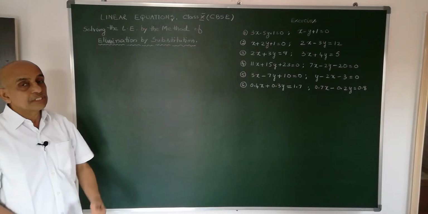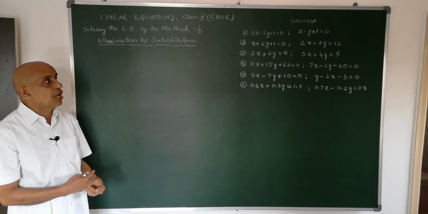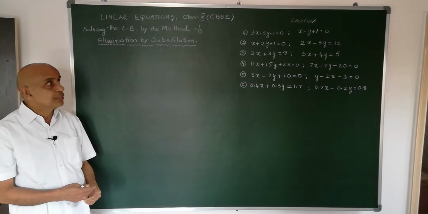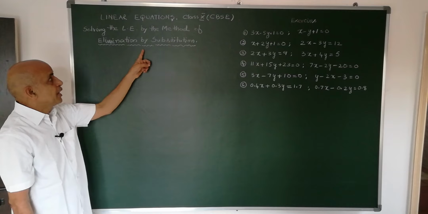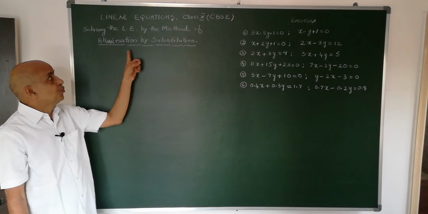Now various methods are there, technical methods, mechanical procedures to solve a pair of linear equations. Among all those methods, one such method is elimination by substitution. Let us understand the meaning of this word.